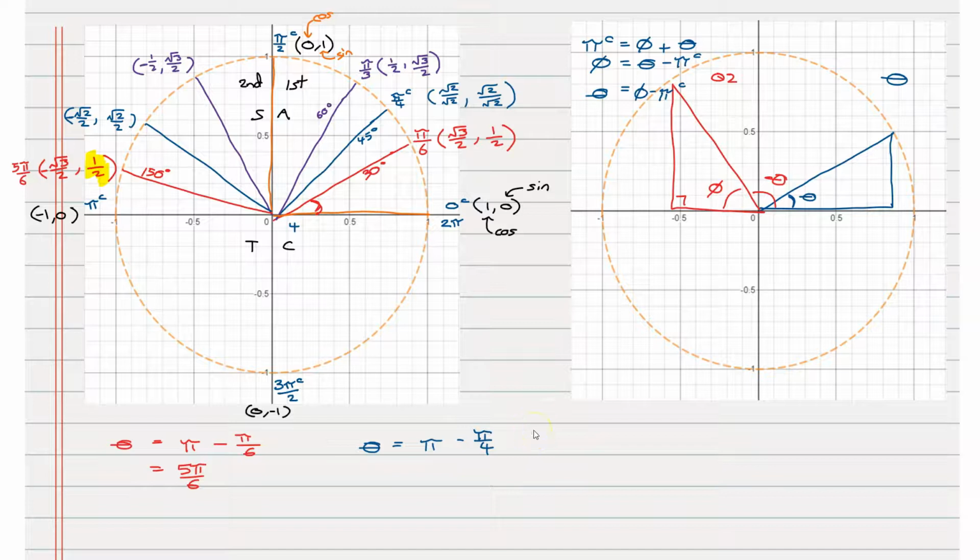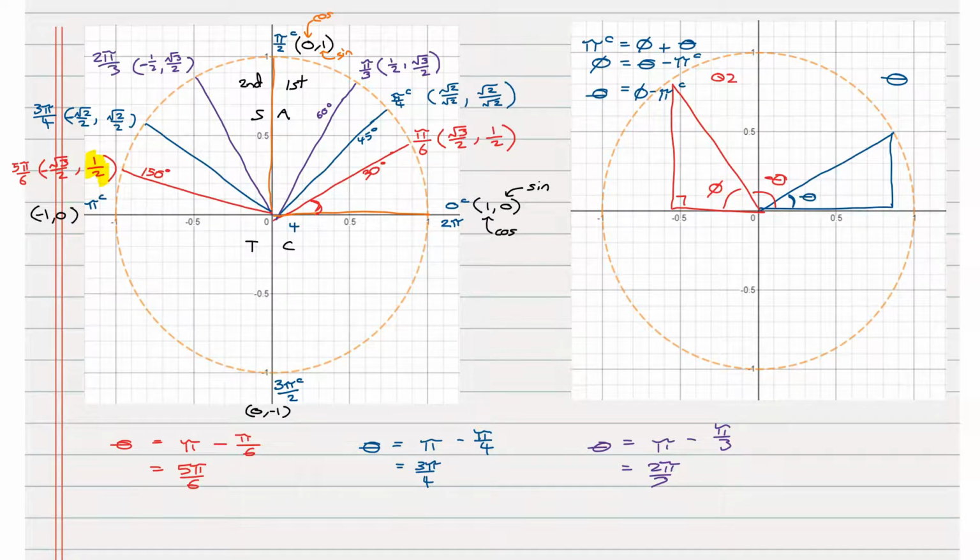So this theta is going to be 3 pi over 4. And finally, this purple one, if we did the exact same and said it was equal to pi minus pi over 3, that simply works out to be 2 pi over 3. So I'll put that up there, 2 pi over 3.